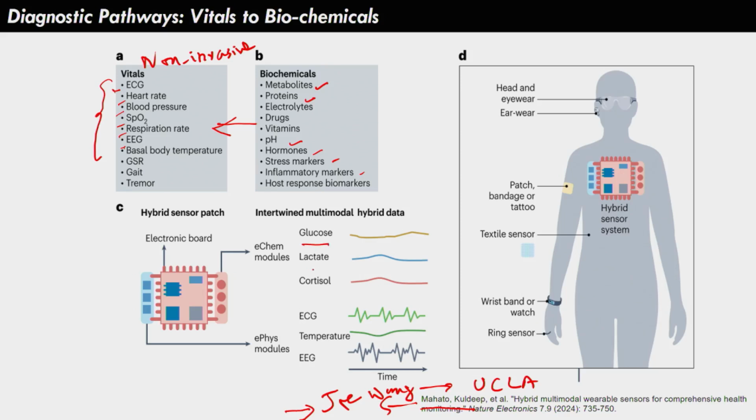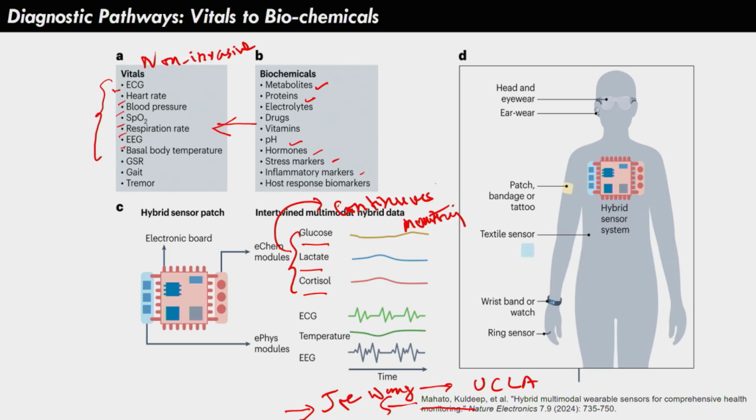So you have glucose, lactate, cortisol. These are some biochemicals that are typically monitored, and all these markers can be monitored continuously, and there is a use case for continuous monitoring of these markers. There is a justification to monitor all these markers continuously.